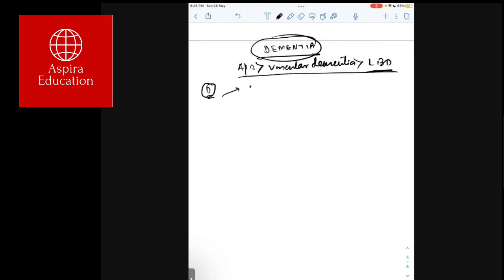It can be diagnosed in a non-specialist center, where you are expected to know these scales.